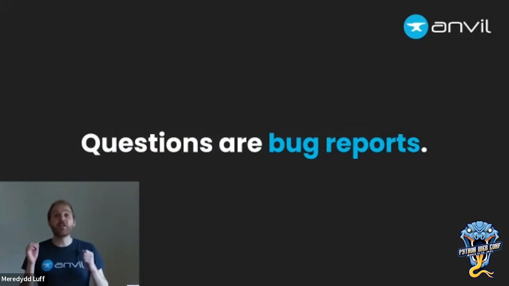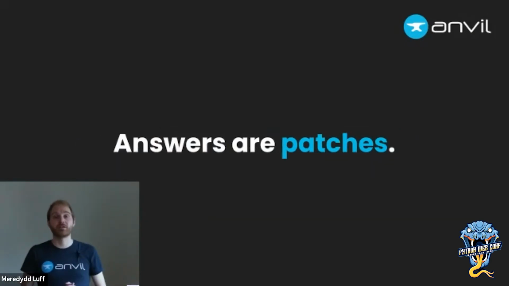And if you answer that question somewhere public and searchable, that's a patch. And even better, because this process is driven by what your users are confused about, those patches will naturally gravitate to the holes in your documentation. It becomes sort of self-healing.